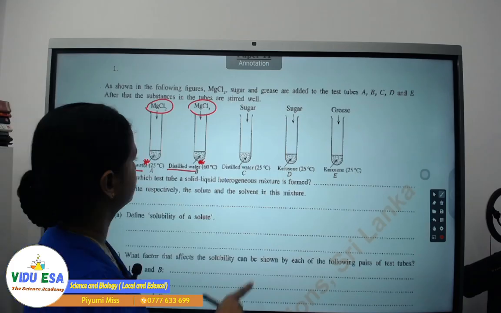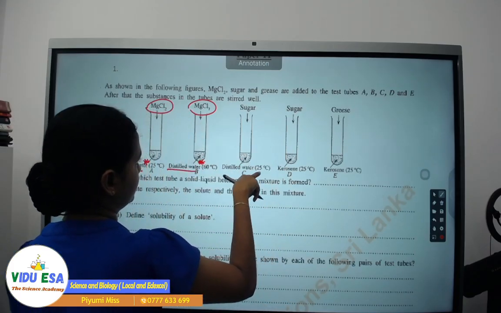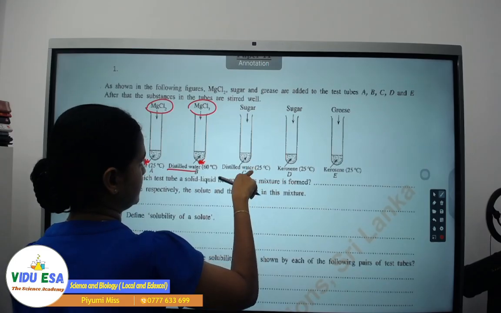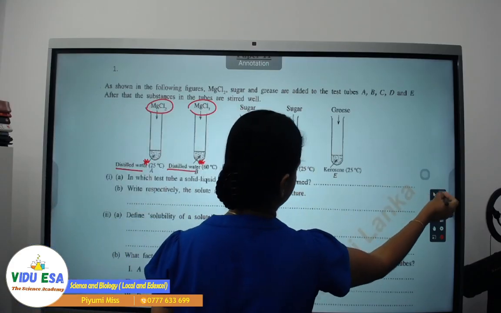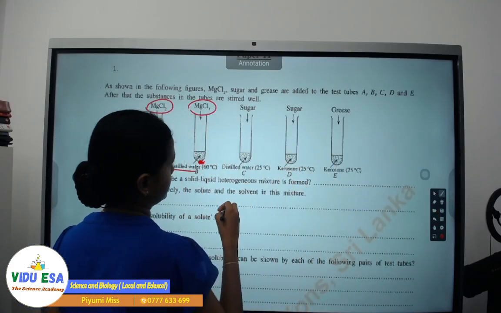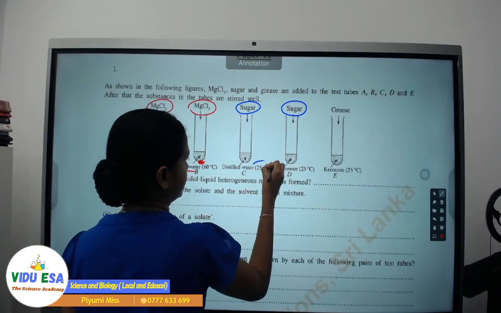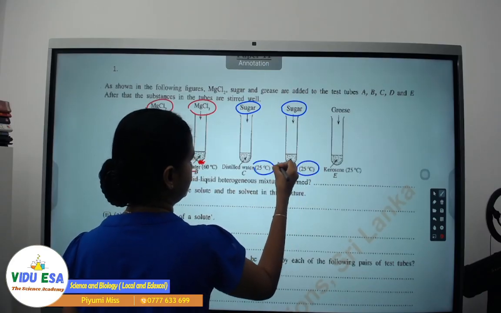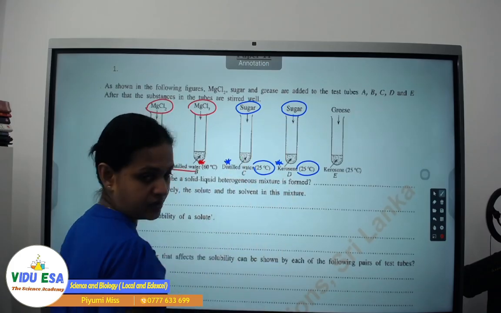Then in B and C, distilled water at 25 degrees Celsius. In C, sugar is added. Here, kerosene at 25 degrees Celsius, sugar is added. So you can see the solute is the same, temperature is the same, but the solvent is different, distilled water and kerosene.